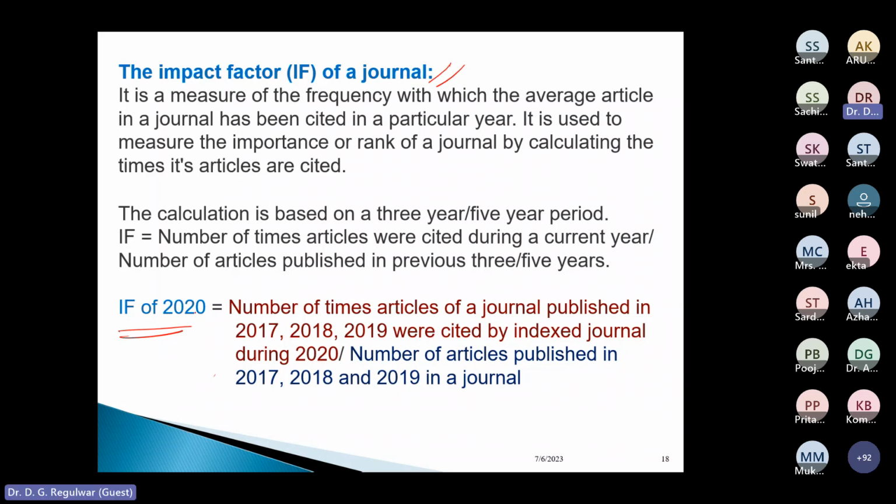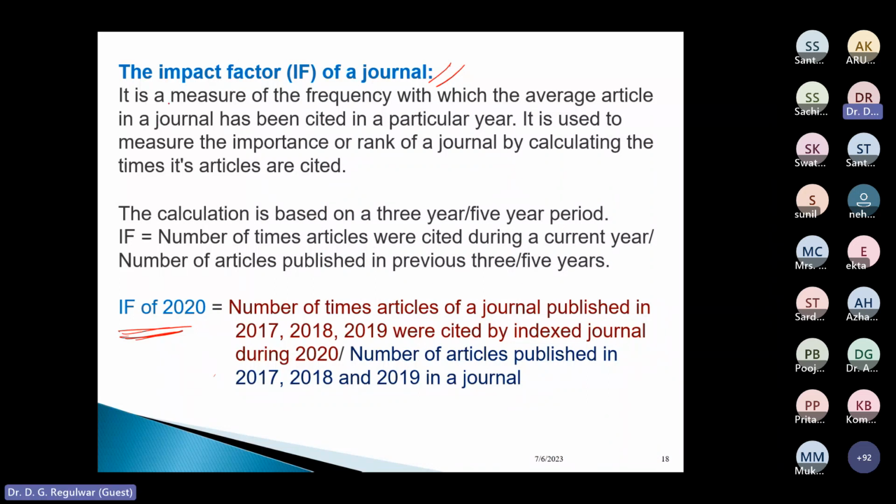This is the impact factor of 2020. So how to calculate? The number of times articles published in the previous 3 years were cited, divided by the number of articles published in 17, 18 and 19 in the journal. This gives you the impact factor.